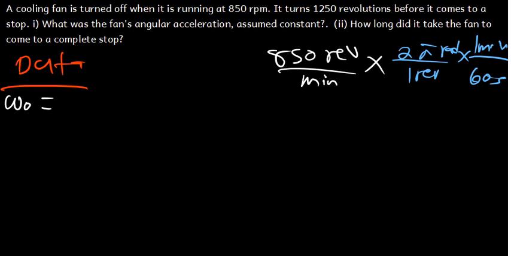So the revolutions cancel, and the minutes cancel. I have 850 times 2 pi, and I divide the answer by 60. I'm getting 89 rad per second. We know it came to a stop, meaning the final angular velocity was 0.